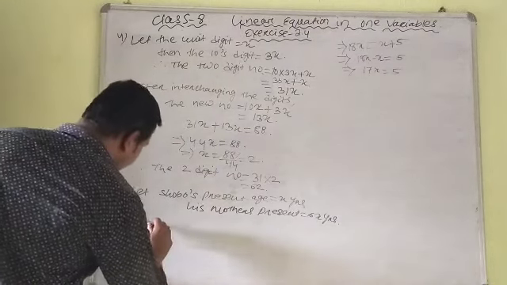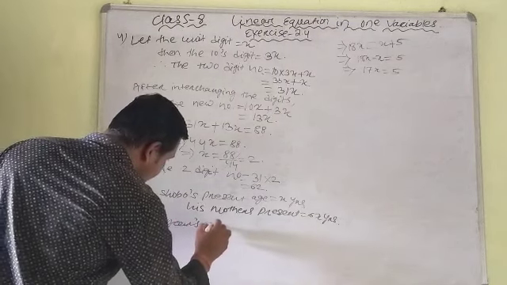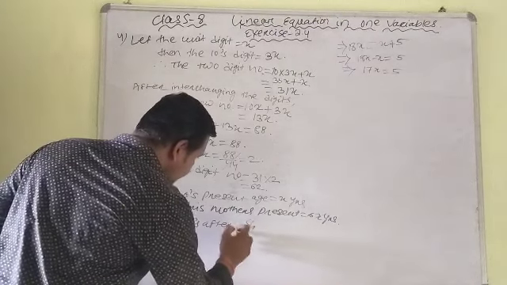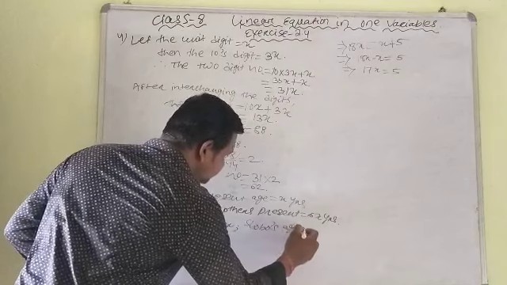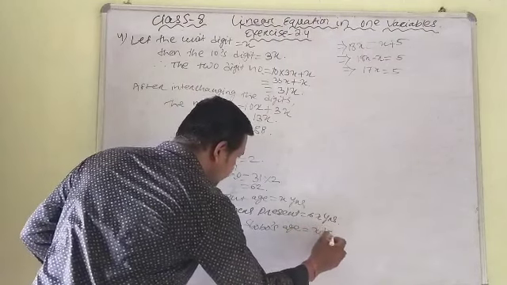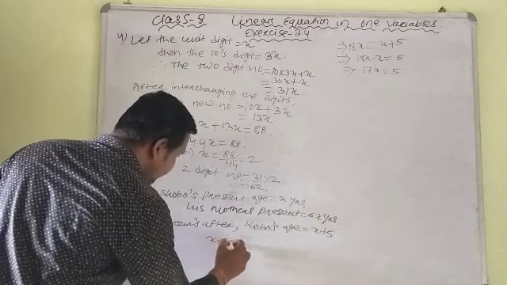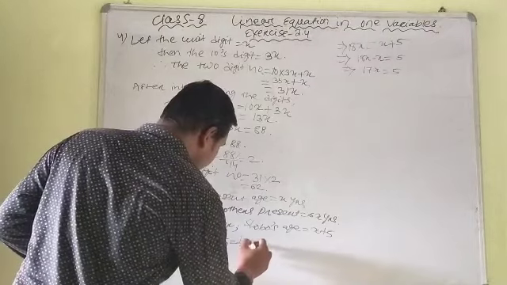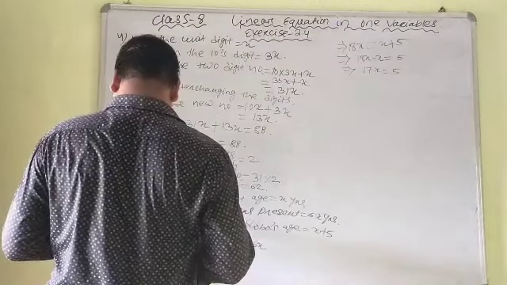So we will write down 5 years after Shobha's age is equal to x plus 5. According to the relation, x plus 5 is equal to 1/3 of the present age of his mother, that is 6x.